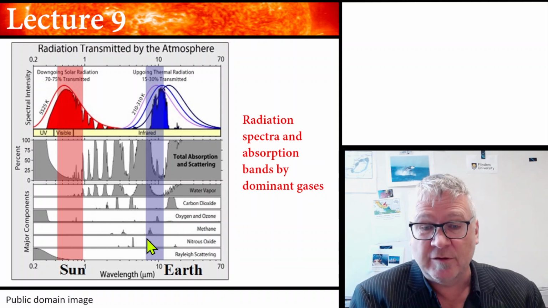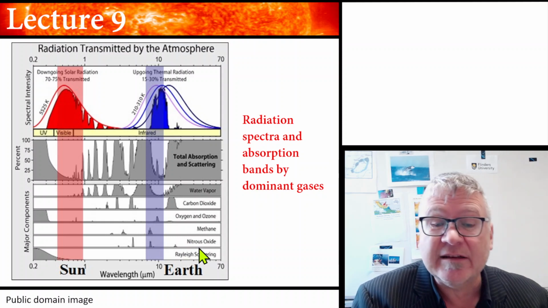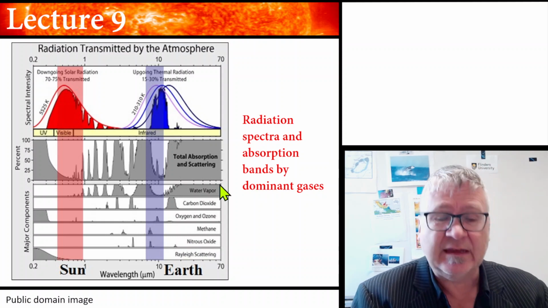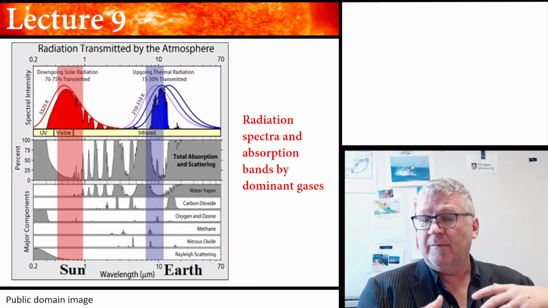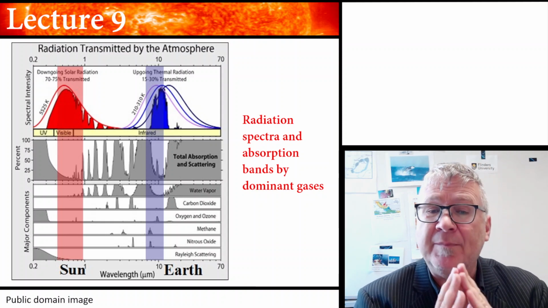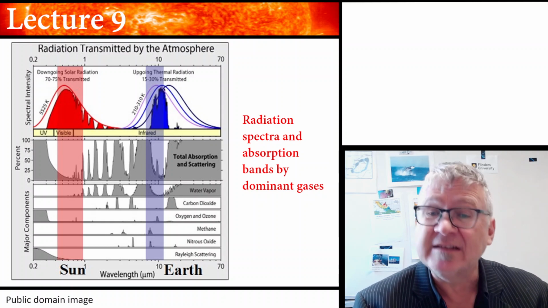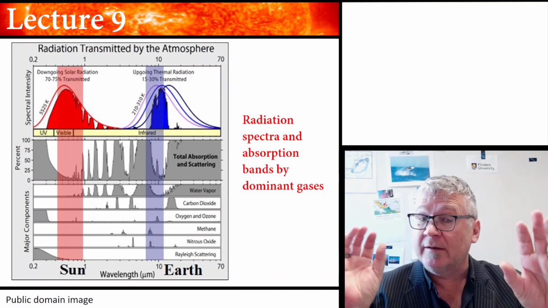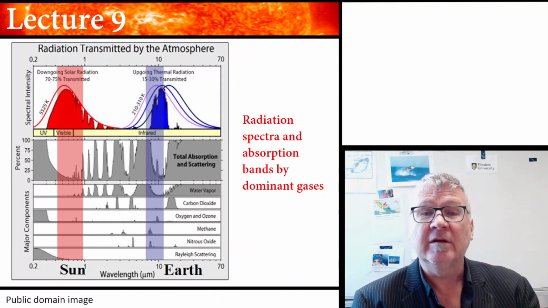Methane plays a role for the thermal radiation, as does nitrous oxide. Here you can see the different players, the major components absorbing terrestrial radiation, and the difference between solar and terrestrial radiation.